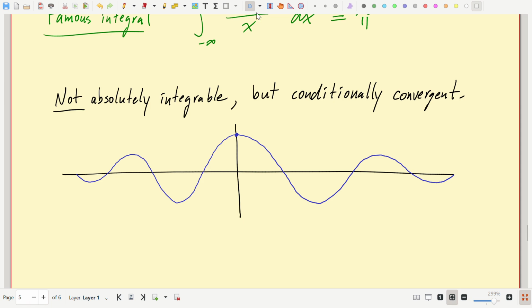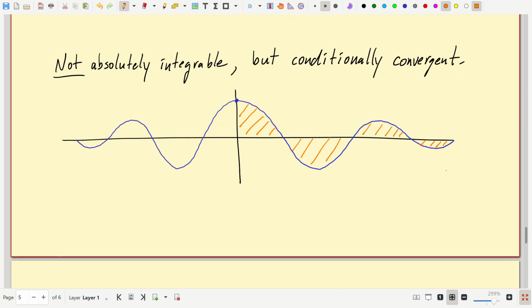Okay, so why does this thing converge? It's because these areas here, starting here at least, this area is bigger than the next area, is bigger than the next area. And they're alternating in sign. And so it's the alternating series test that shows you that that sum converges.